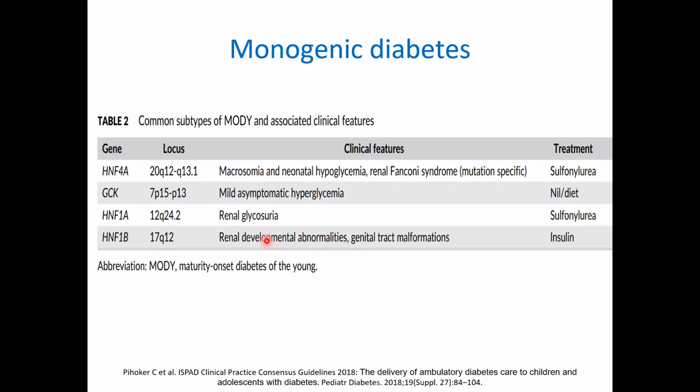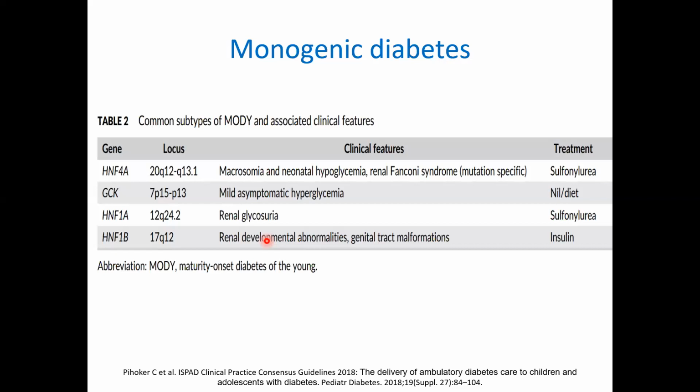So the most important point I want us to take from this is that any child who presents with diabetes has type 1 diabetes until proved otherwise, because 90% of children with diabetes have type 1 diabetes. We have seen cases of children with diabetes being started on oral hypoglycemic agents. All children with diabetes should be started on insulin therapy, okay?